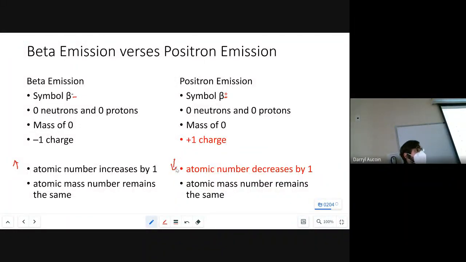So in both cases, the mass stays the same, but you're turning a proton into a neutron, or turning a neutron into a proton. You're switching around the composition of that atom. You're going to change its atomic nature because you're changing its number of protons either up or down. So you are turning one element into another type of element, but you're going to keep the mass the same. You're not going to go up or down in mass for those cases.